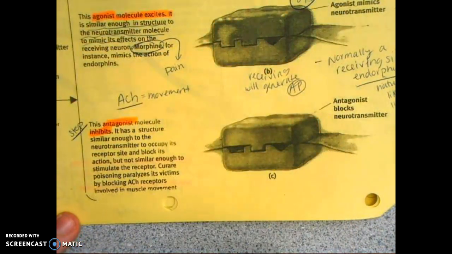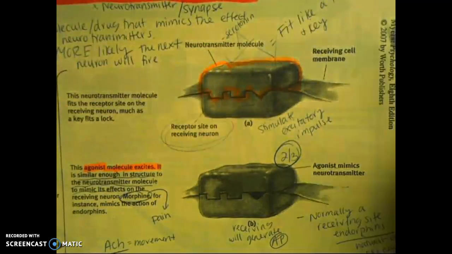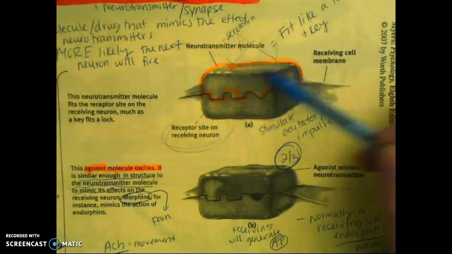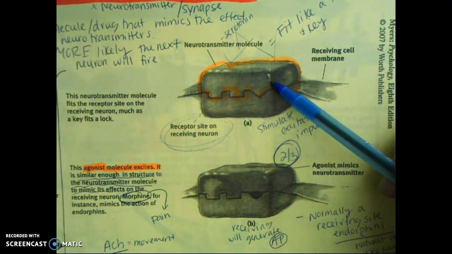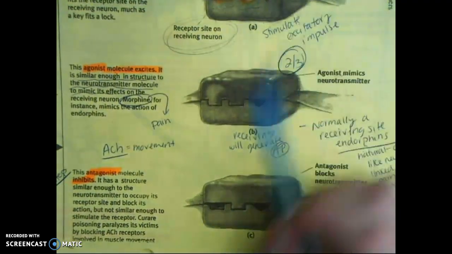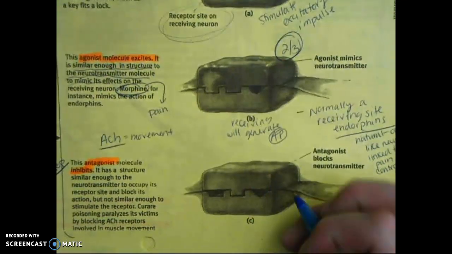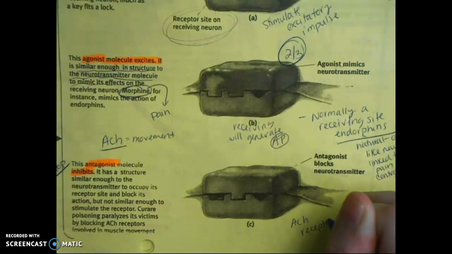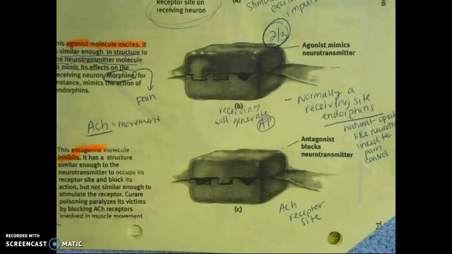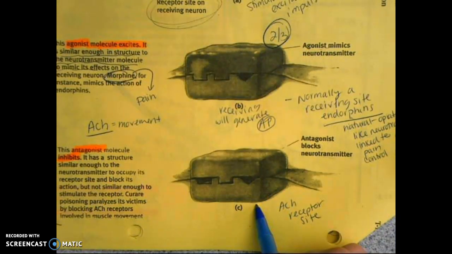Okay, so let's now go back and pretend that this molecule is ACH. So it's 2 squares in a triangle is ACH. This should be an ACH receptor site. Let's pretend that it's an ACH receptor site. It's supposed to respond just to ACH.